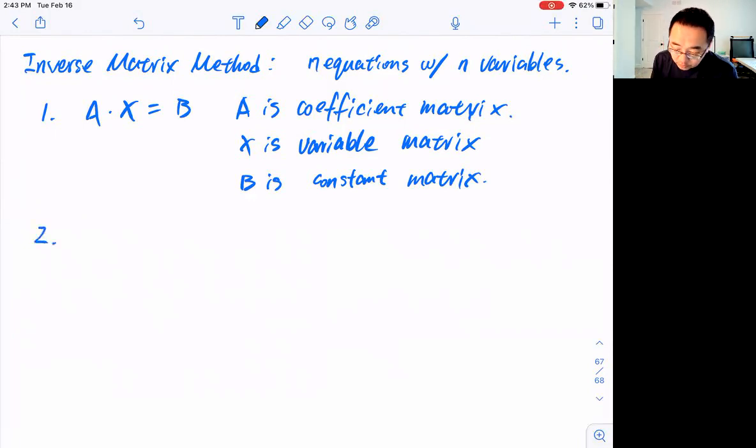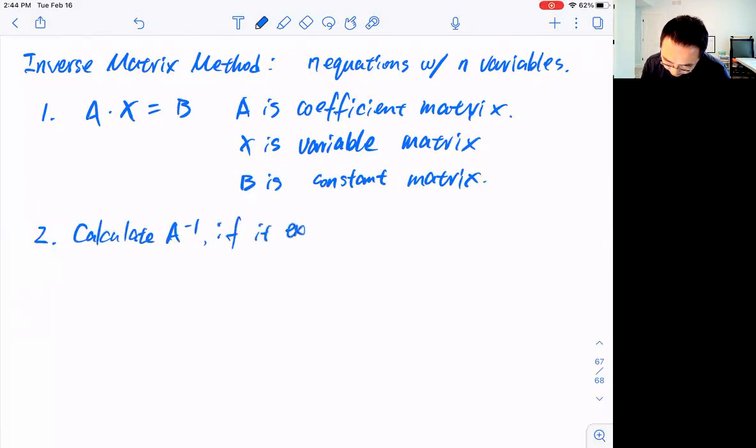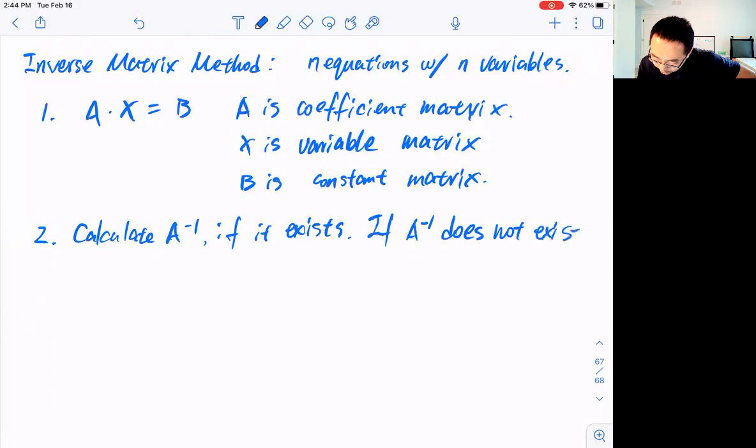And then what you do is you calculate the inverse of A, if it exists. If A inverse does not exist, the system either has an infinite number of solutions or no solution, and a different method is required.